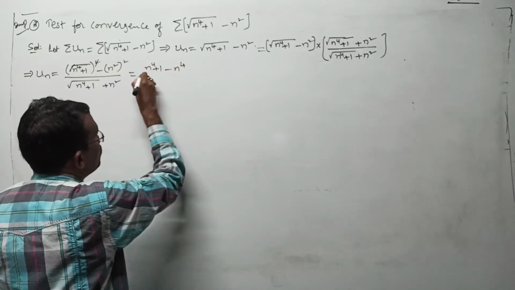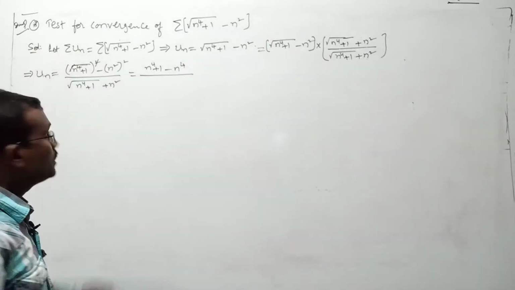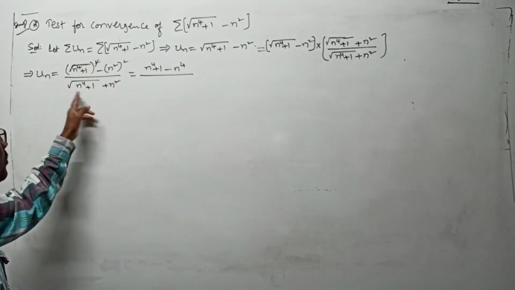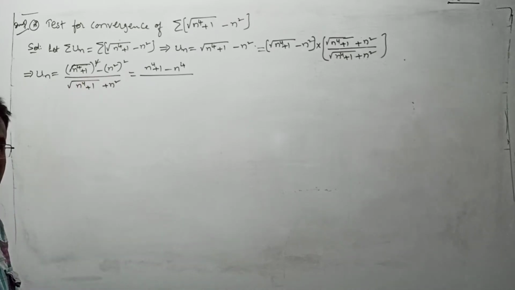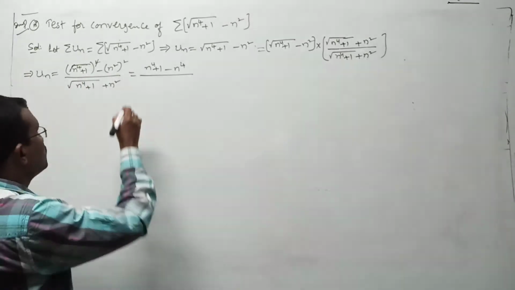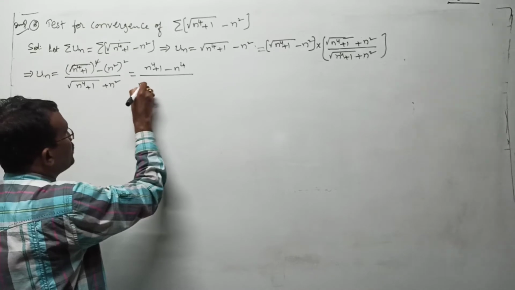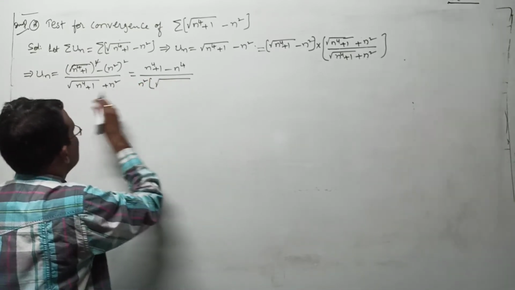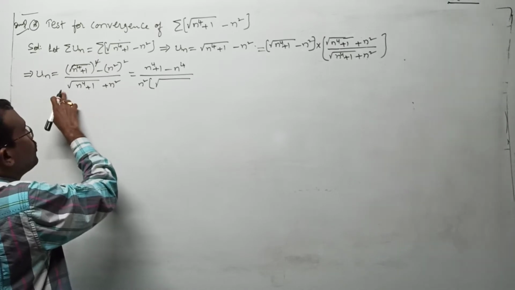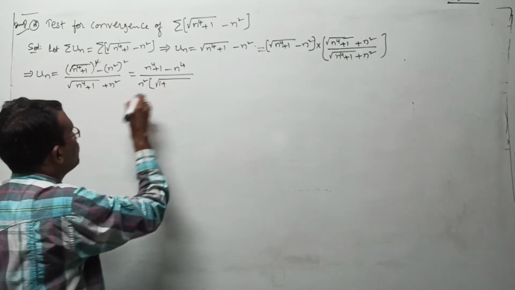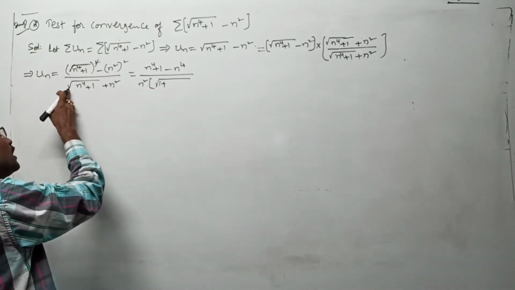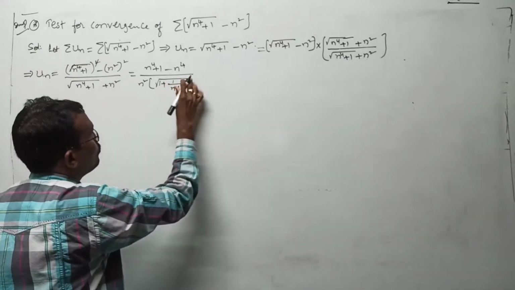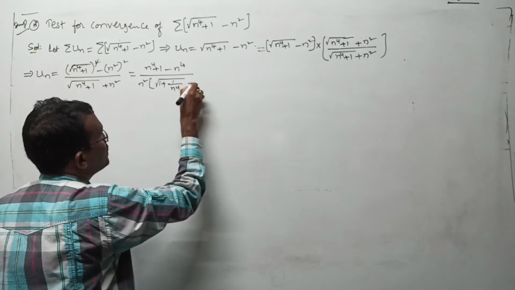N power 4, whole by, in the denominator take all n terms common now. You can use the first logic, right? Here n square is the big term. In the n relation, take n square common. It is root, here n square outside, n power 4 outside, so that here becomes what? 1, because root inside n power 4, if you take outside the root it is n square only. 1 by n power 4 inside the root plus 1.